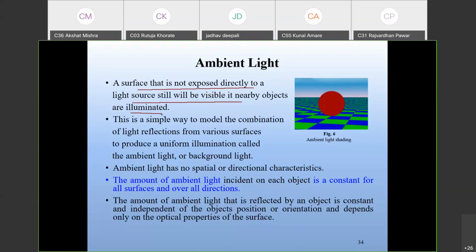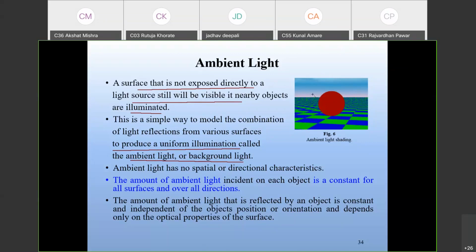That means the surface is not directly exposed to the light, but some nearby objects are illuminated and reflect the light, and because of that light we can see the object. This is a simple way to model the combination of light reflections from various surfaces to produce a uniform illumination, which we call ambient light or background light.